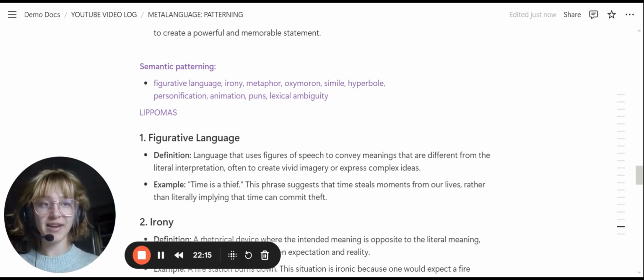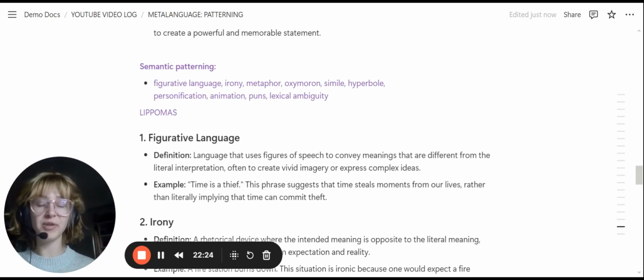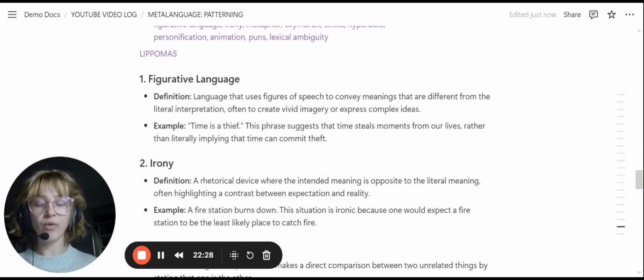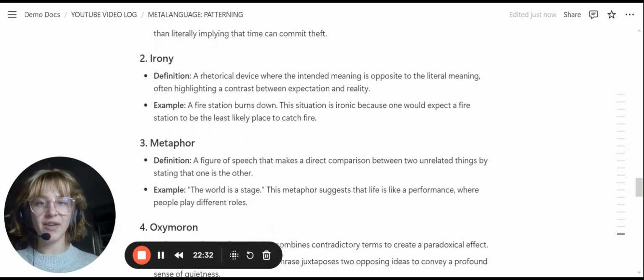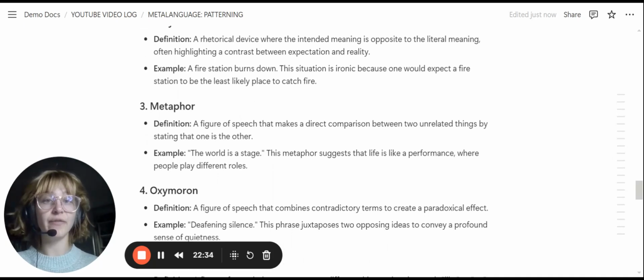Figurative language and semantic patterning comes up a lot when you're analyzing those because, again, it links very intrinsically to the poetic or storytelling function or purpose of the text. So with these, the reason why the author or the writer is using them is in order to create a vivid image in the head of the reader and to make it more enjoyable or to sell more copies, whatever that final purpose or intent is. That's for you guys to decide through context clues and through having actually read the text.